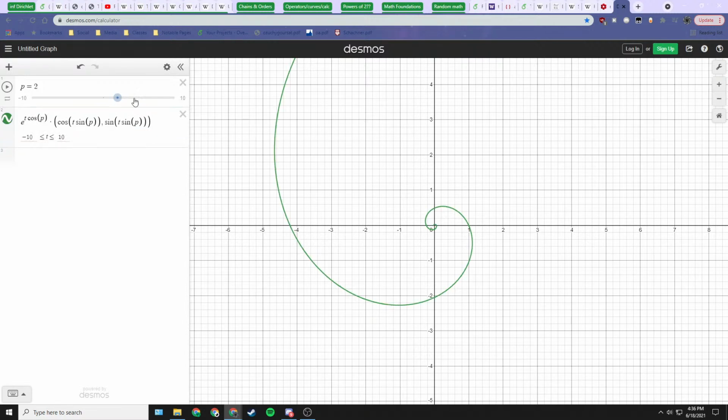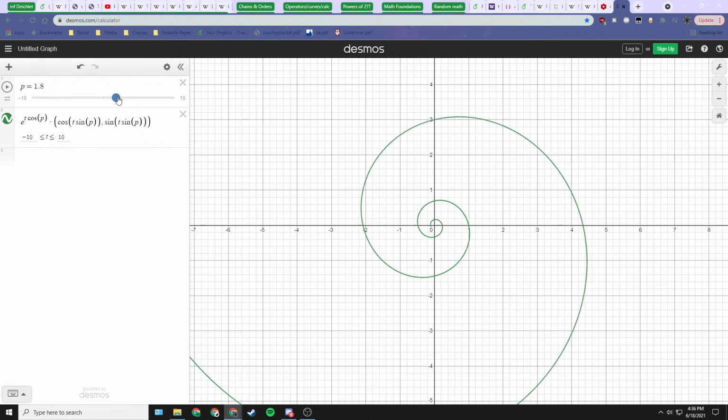There we go. This is a lot better. Yeah, so these are now, let me also edit this. I'm going to go from minus pi to pi. That's a little better.